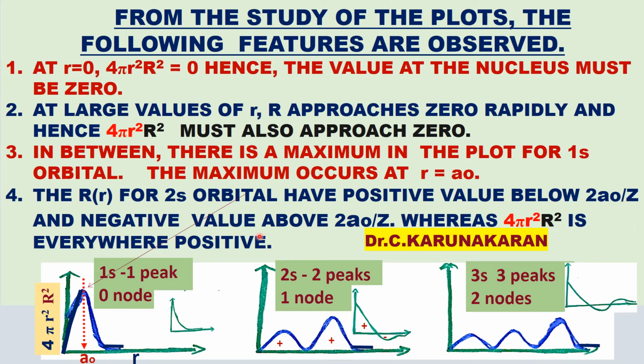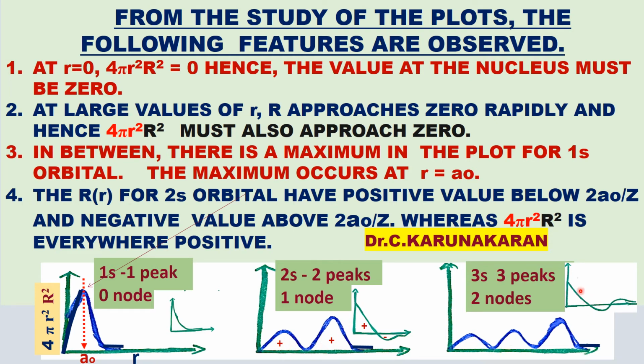Above 2a naught by z, the radial wave function becomes negative, whereas 4 pi r square, the radial probability value, is everywhere positive. Here you see, everywhere positive.